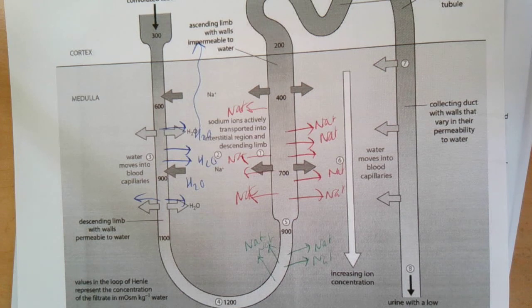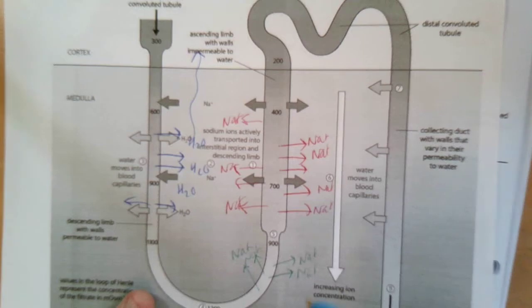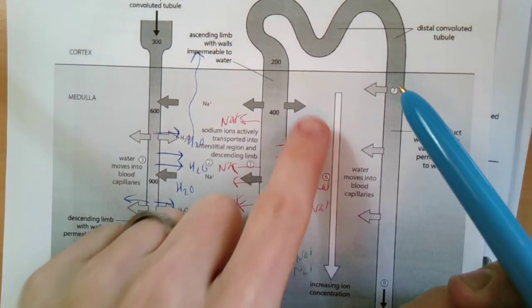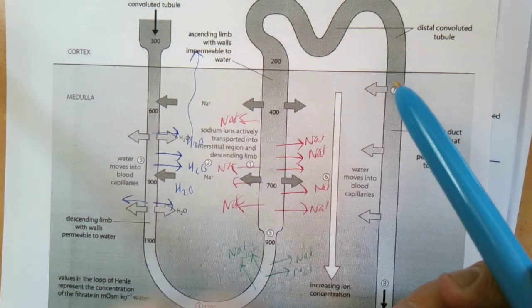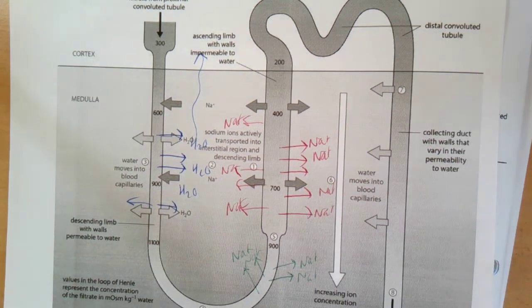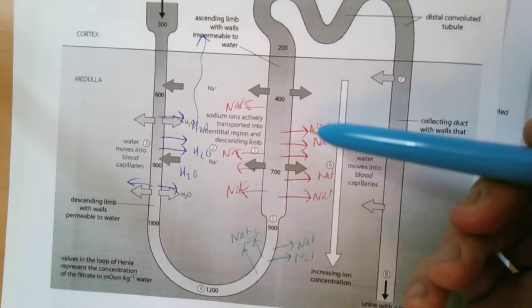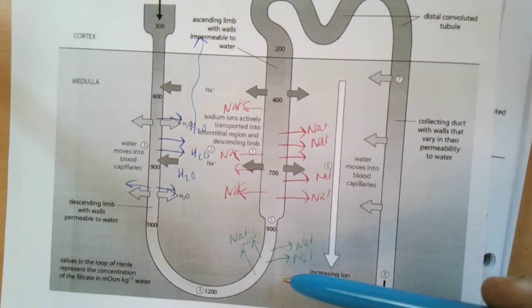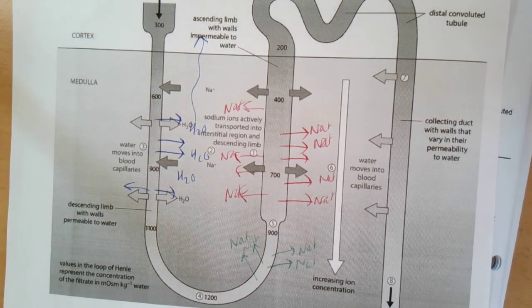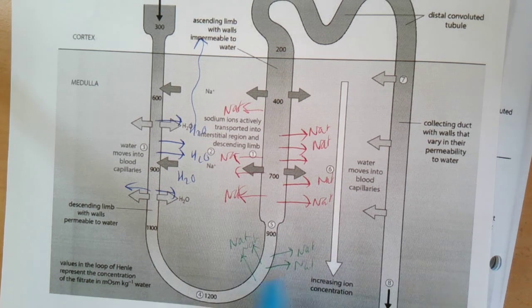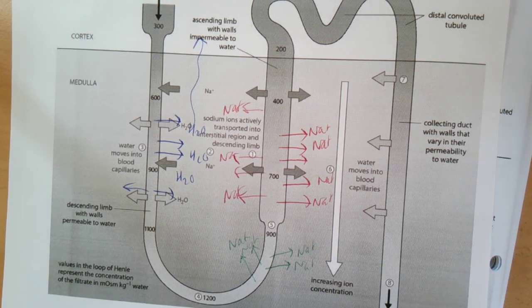But if you look now, what you've now got, because you've now got loads and loads of ions in the interstitial space, and the ion concentration gets progressively higher as you go further down into the base of the loop of Henle.